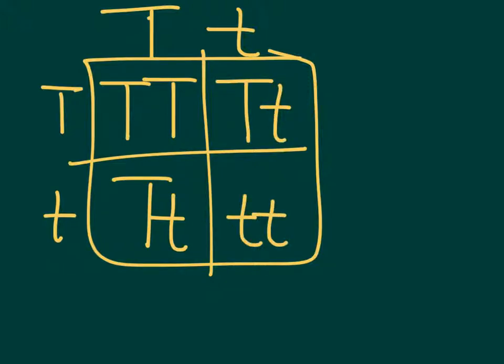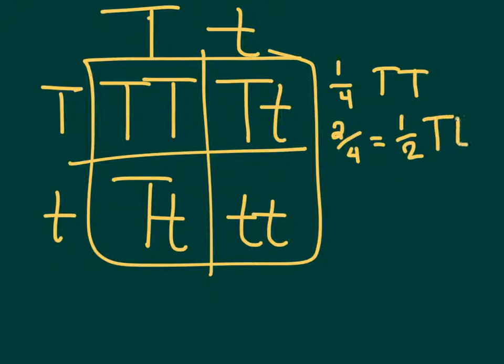So my genotype here would be 1 of 4 homozygous dominant, or homozygous capital T, capital T. 2 of 4, and since fractions are our friends, 2 of 4 is actually 1/2 of them are heterozygous, and then 1/4 of them are homozygous recessive.